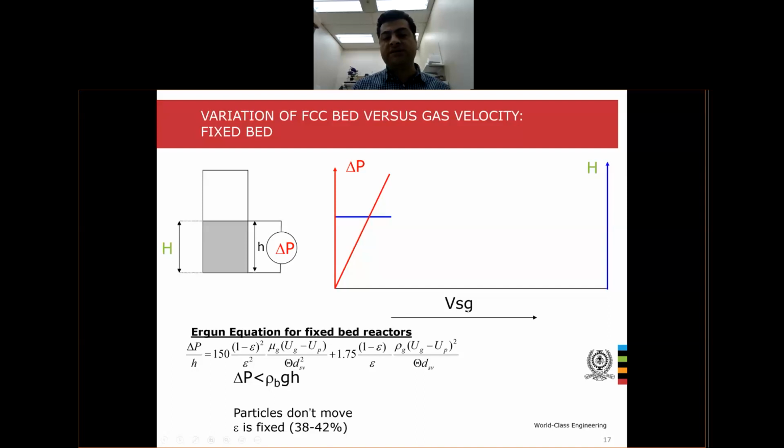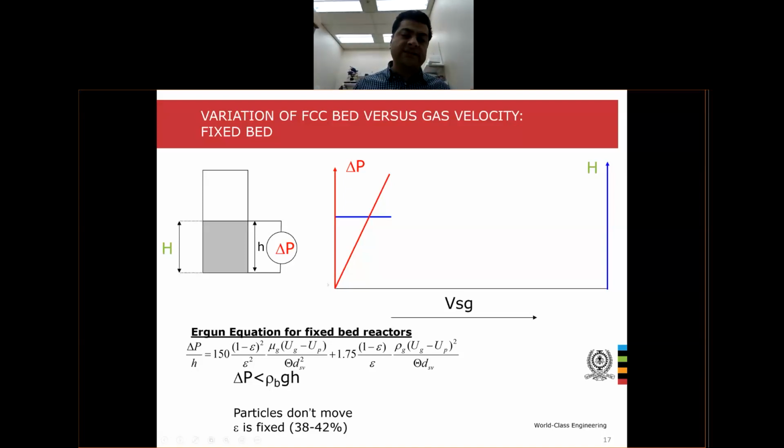We show it by SVSG, but it's just gas velocity. So let's say at the beginning gas velocity is zero, but it is always very observable.